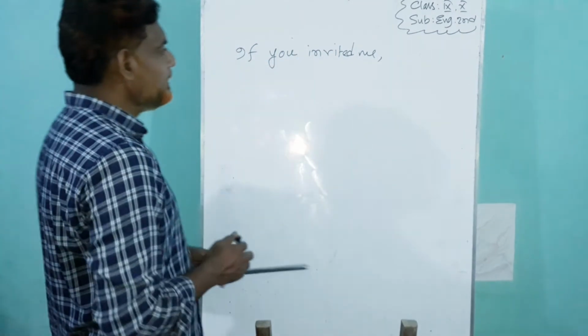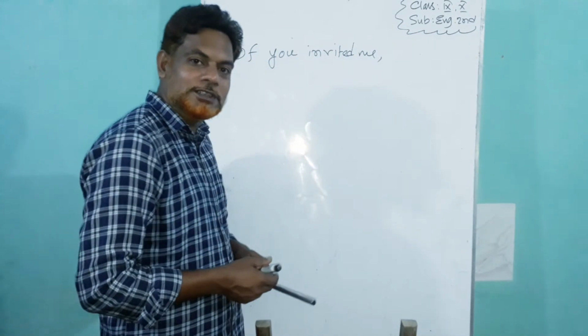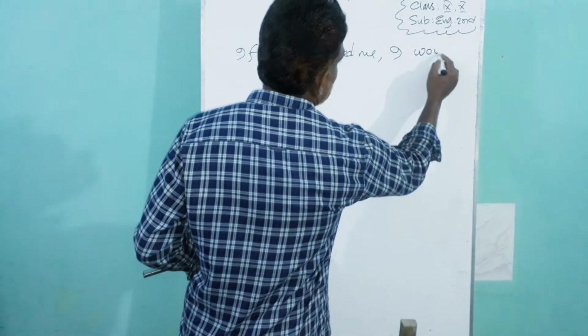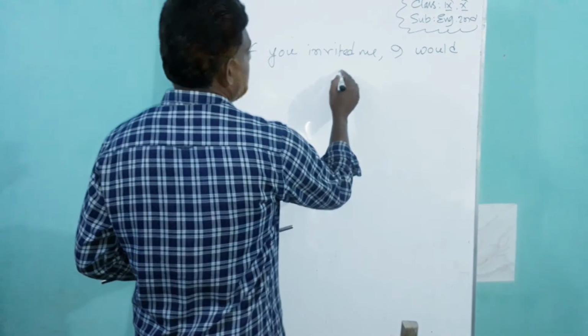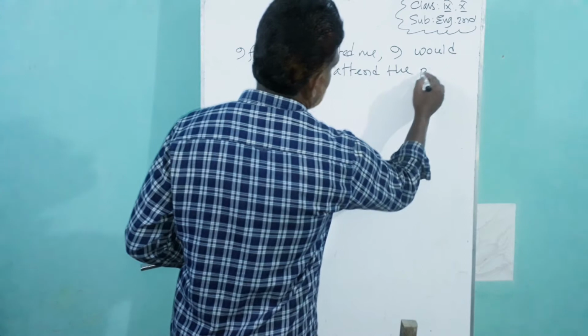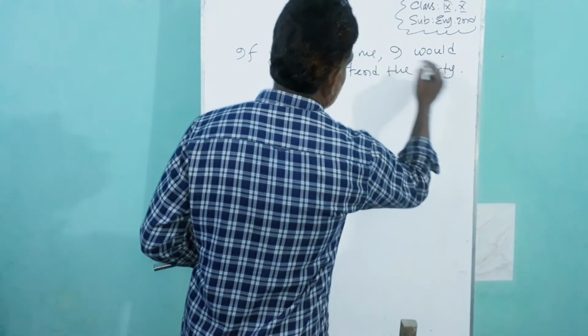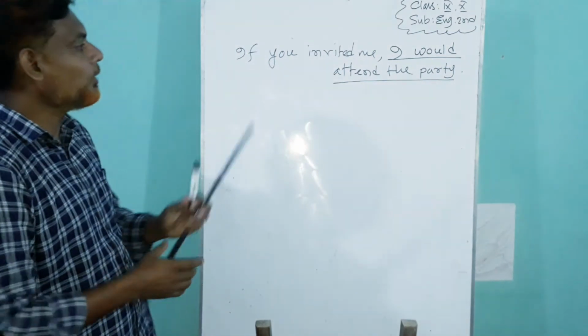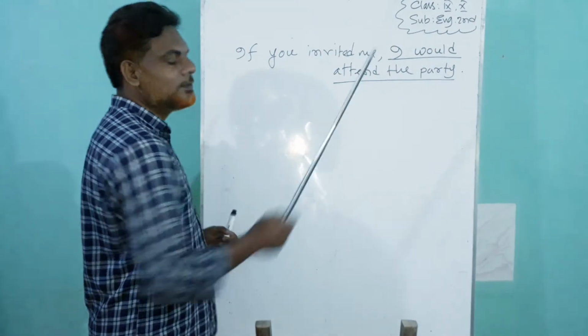If you invited me, what can be written here? We can write: I would attend the party. Again, let's think why I have used would here.